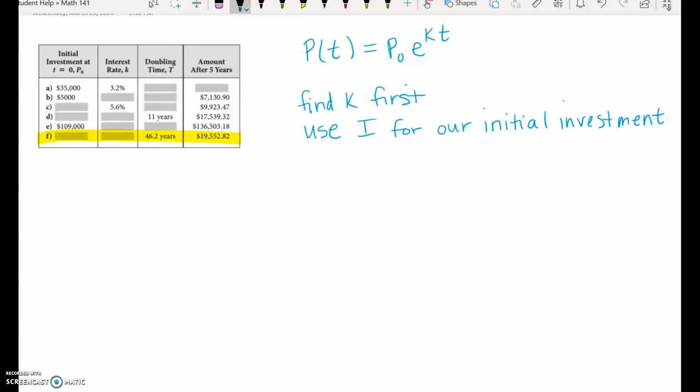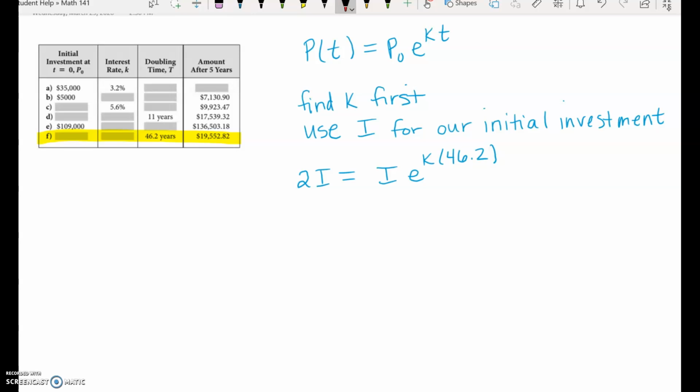So we know that after however much time that it doubles, we would have 2 times I left over. We know the doubling time is 46.2 years.